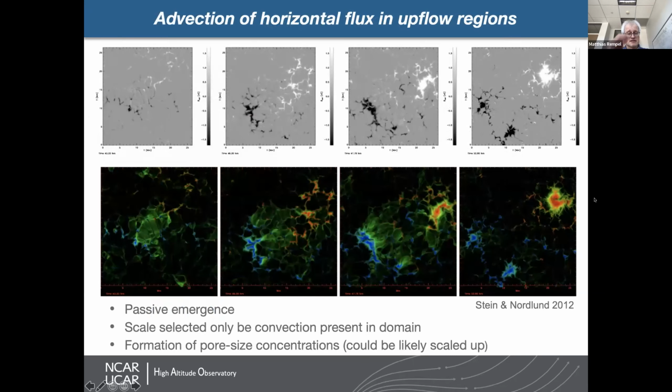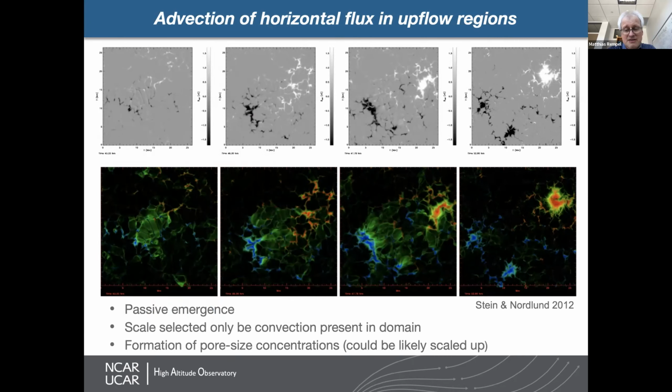So these figures here show an example of the passive emerging active region formation Bob Stein presented. And what these models did show is that if you run them for long enough and emerge enough flux into them, you do form spot-like flux concentrations.